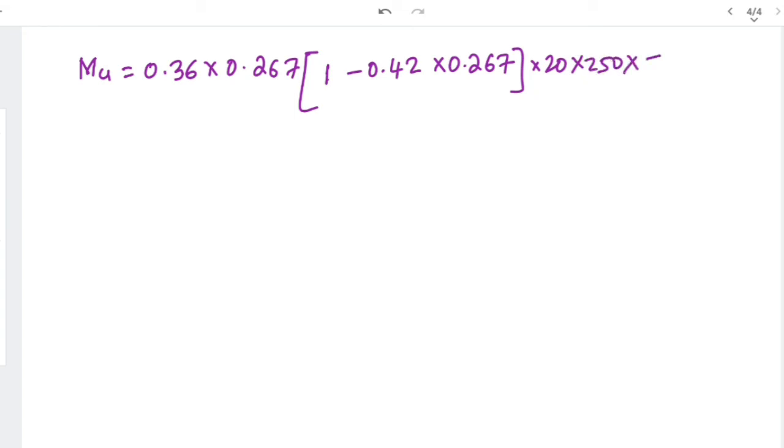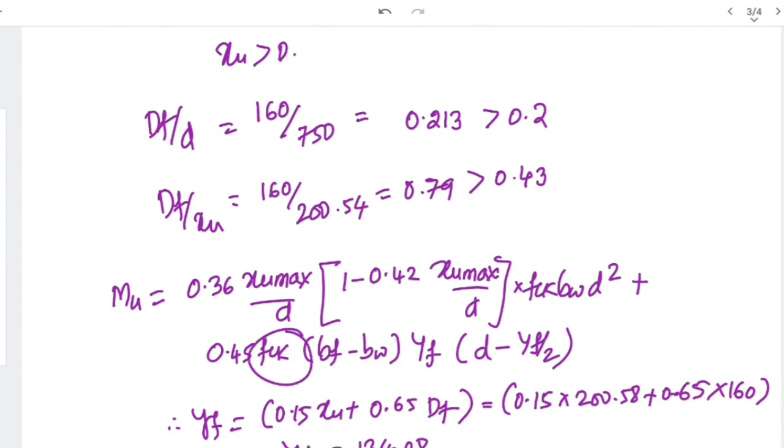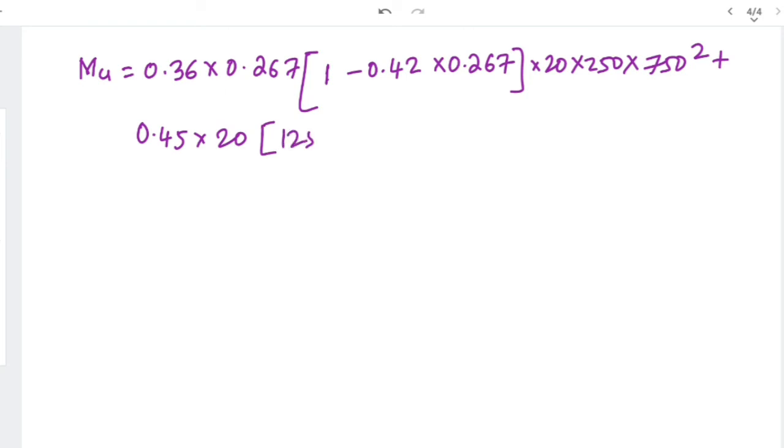Directly substitute this value, 0.267, into bracket 1 minus 0.42 times 0.267 again, into bracket 20 into BW, web width 250, into depth 750 square plus 0.45 FCK into BF minus BW, FCK is 20, breadth of flange is 1250 minus 250, breadth of web, into YF value, 134.08, into bracket 750, that is the overall depth D, minus YF by 2.